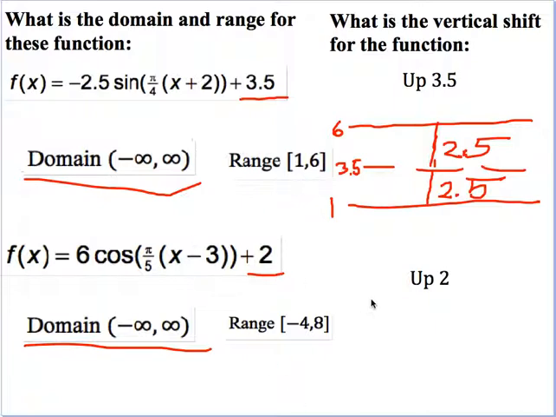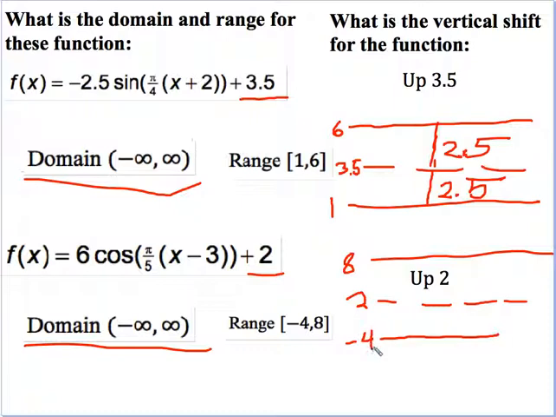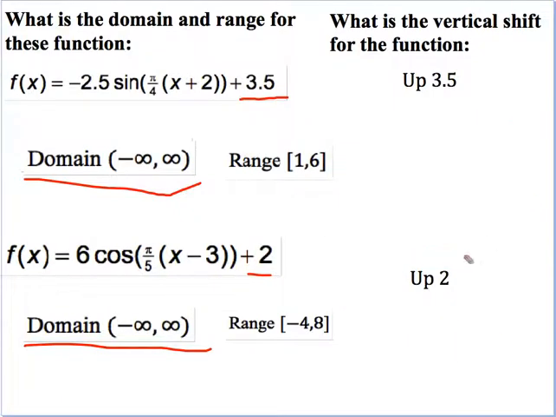And then down here, same kind of thing. You're moving your sinusoidal line to 2, and then you're going up 6 and down 6. So 2 plus 6 would be 8. 2 minus 6 would be -4. So your range here would be from -4 to 8. When you get this problem, make sure you take into consideration your d value.